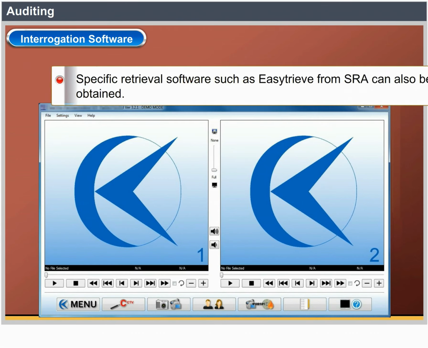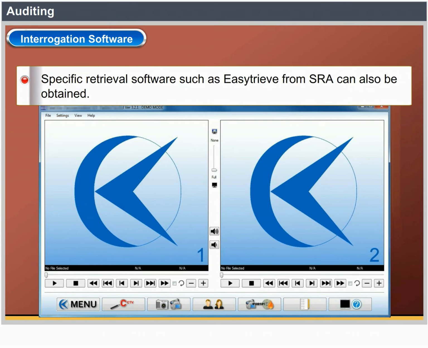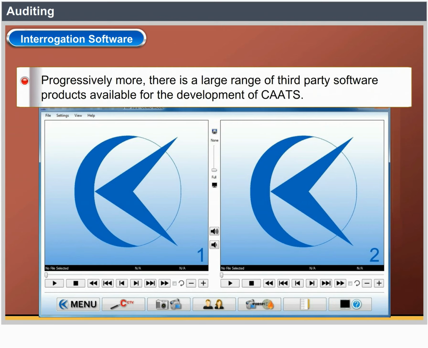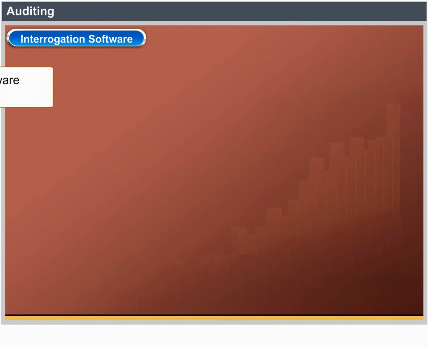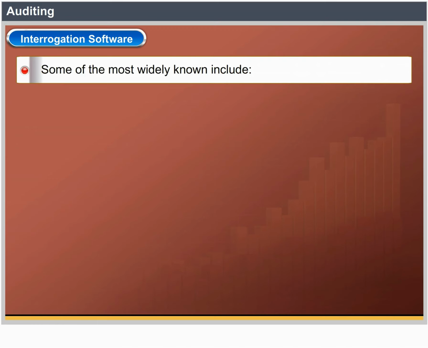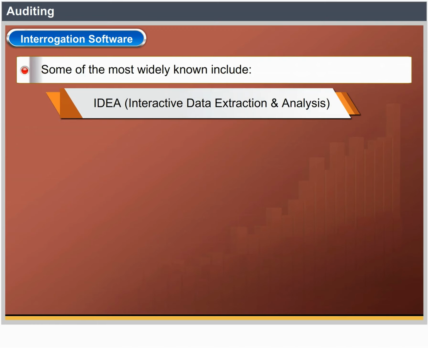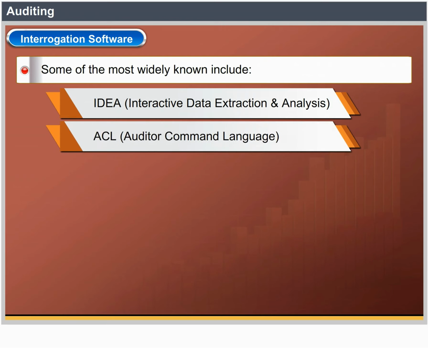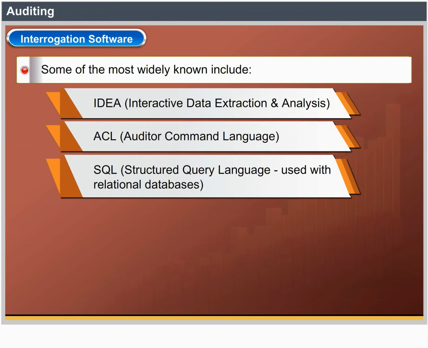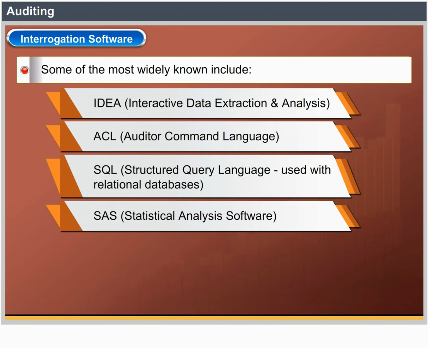Specific retrieval software such as EasyTree from SRA can also be obtained. Increasingly, there is a large range of third-party software products available for the development of CATs. Some of the most widely known include IDEA, Interactive Data Extraction and Analysis, ACL, Auditor Command Language, SQL, Structured Query Language used with relational databases, and SAS, Statistical Analysis Software.